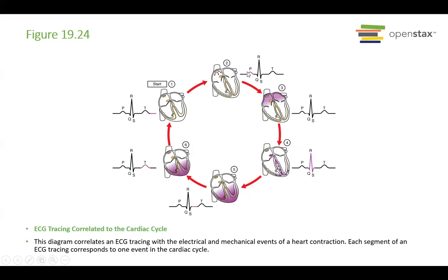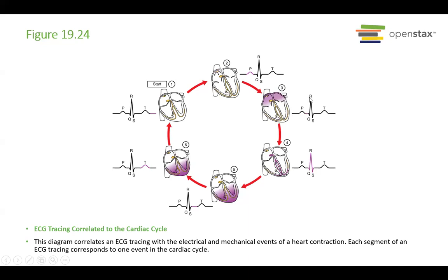Then the influx of sodium is going to cause this P wave. The P wave initiates that we're going to depolarize the atria. So now we are squeezing, contracting the atria. When we are contracting the atria, the blood is going to flow from the atria into the ventricle.